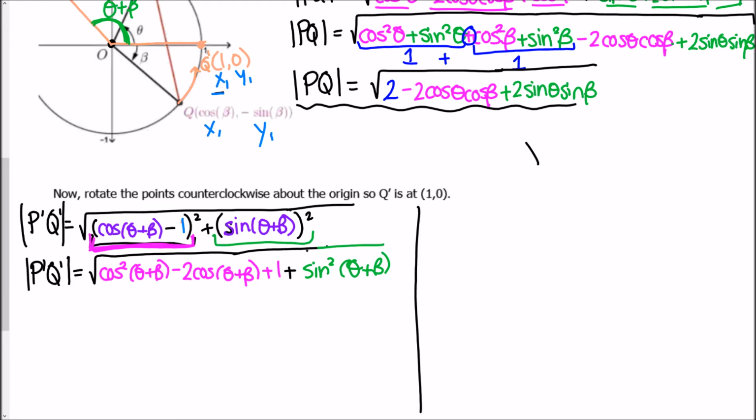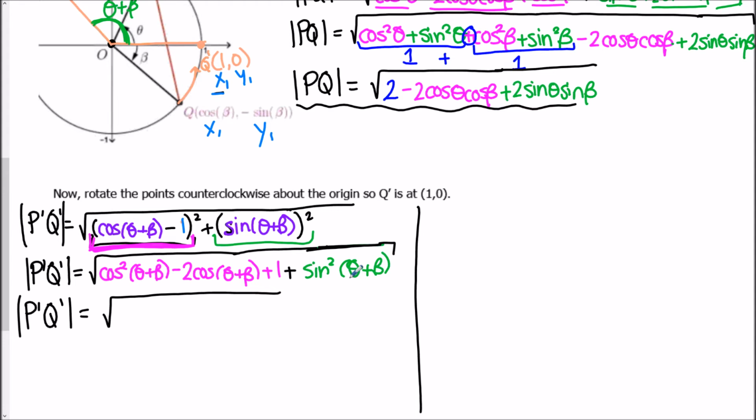Okay, so now that I've done that, I'm going to put together things that might make it a lot easier for me here. If you notice right here, I have this cosine squared theta plus beta, and I have sine squared theta plus beta. And anytime I have cosine squared plus sine squared of the same angle, it always ends up being 1.